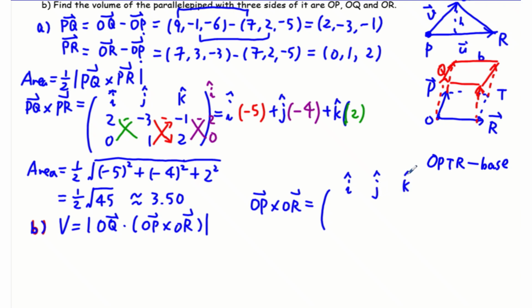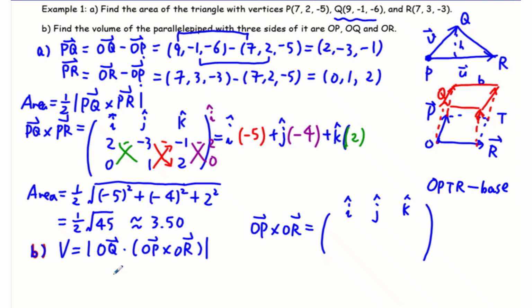So we draw the matrix with i, j, k. Then P is just the original point P, 7, 2, -5, and R is 7, 3, -3, and the order doesn't matter. You could change this to another order. You could write OP dot OQ cross OR.